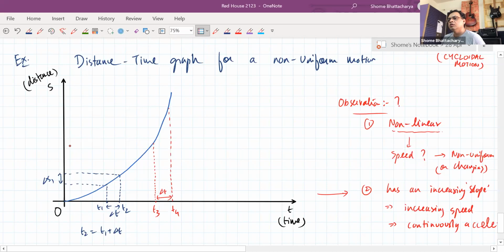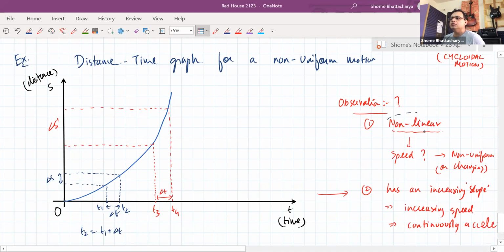But you can see that this distance is something different. This is now some delta s prime, let's say, whereas this was some delta s. So the two intervals are the same. T1 to T2 is the same interval as T3 to T4, but the distances traveled are not the same.